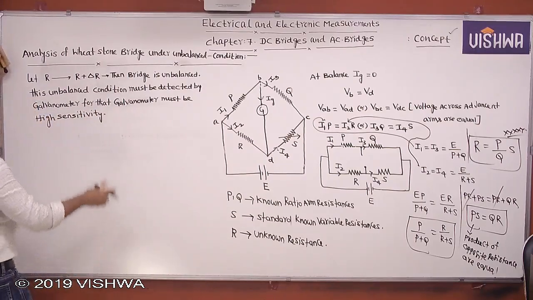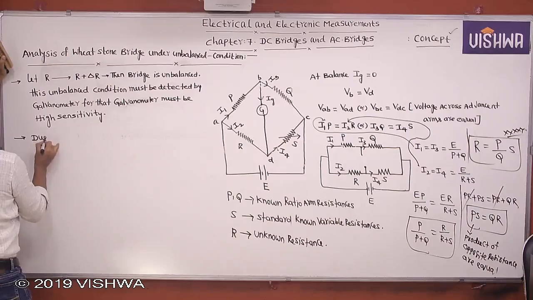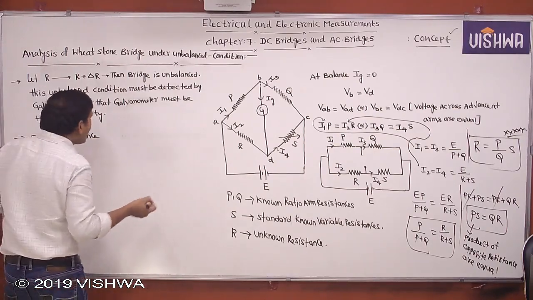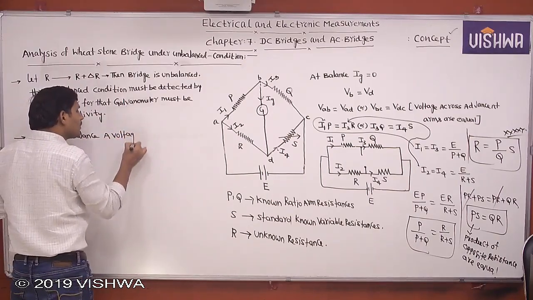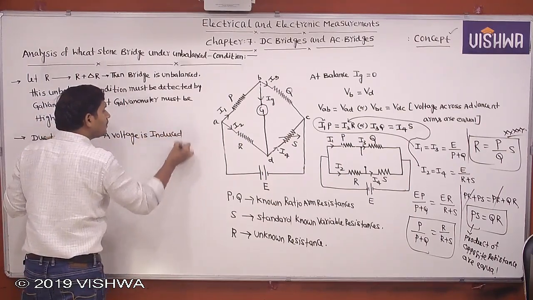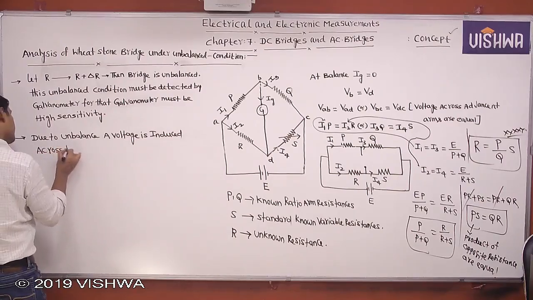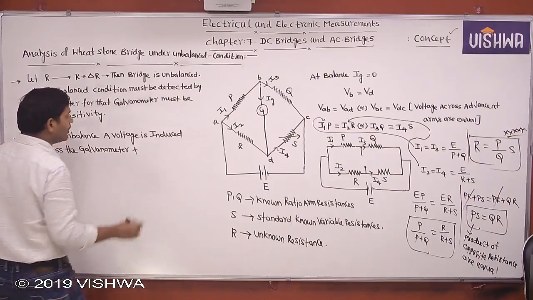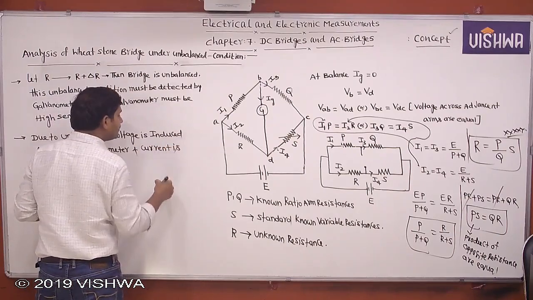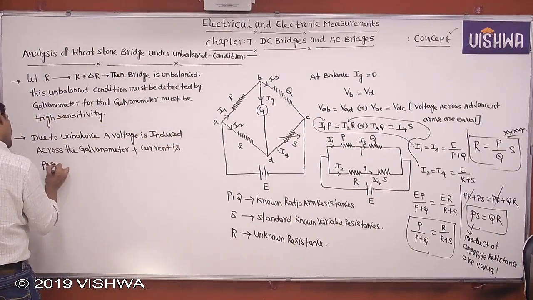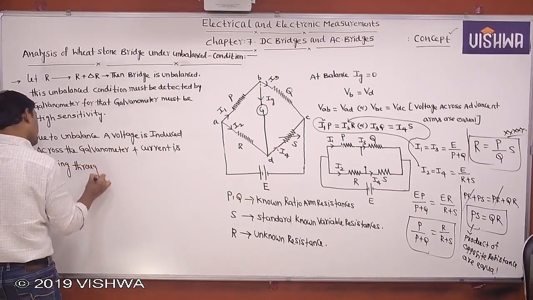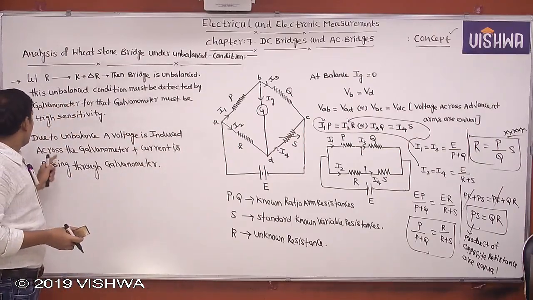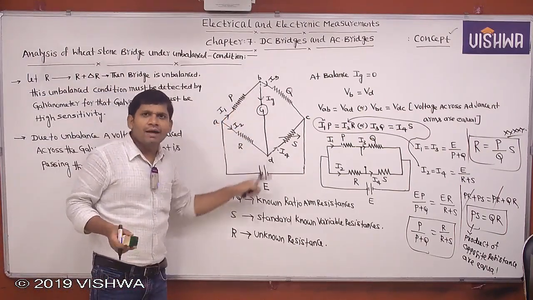Due to the unbalance, a voltage is induced across the galvanometer and current passes through the galvanometer.